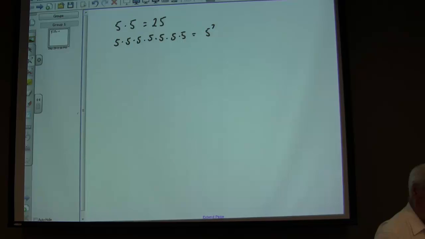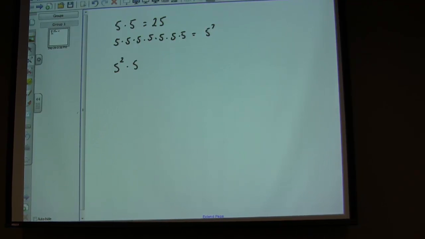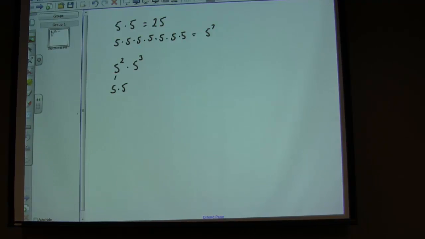If I look at 5 to the second power times 5 to the third power, what does that really mean? That really means 5 times 5, that's the second power, times 5 times 5 times 5, that's 5 to the third power, and that's 5 to the fifth power.